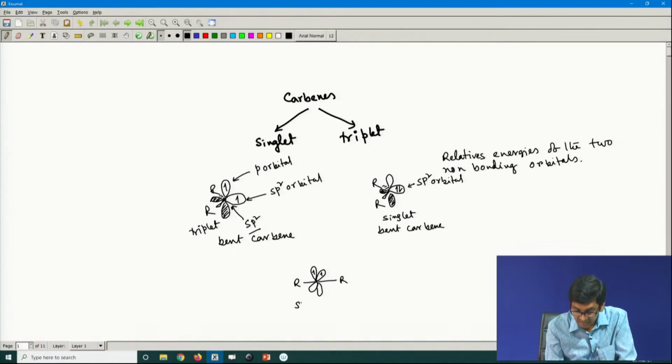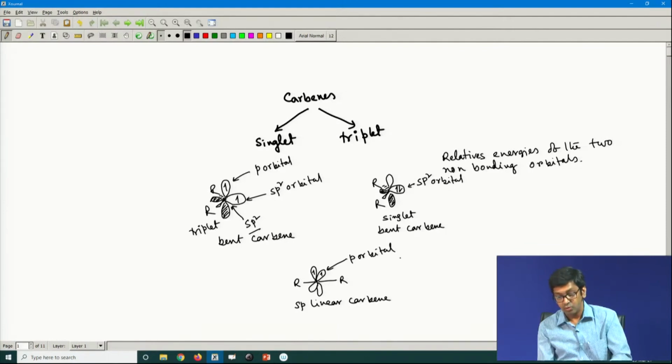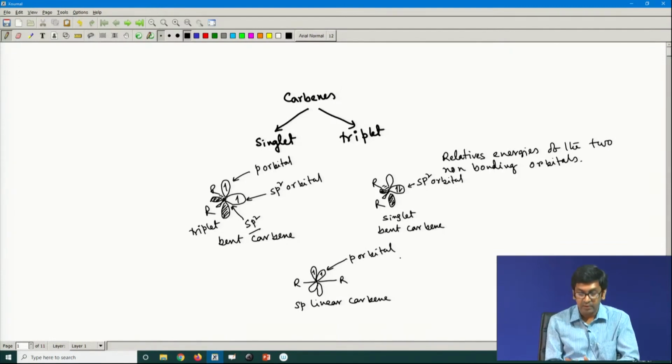So, this is nothing but an sp linear carbene, where the two electrons are staying in these two p orbitals. Now, you know already from the course that most of the carbenes are not linear, rather they are bent in nature.